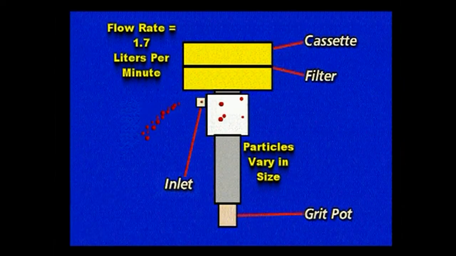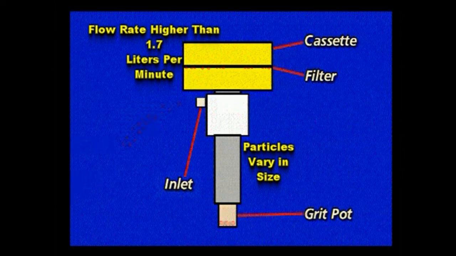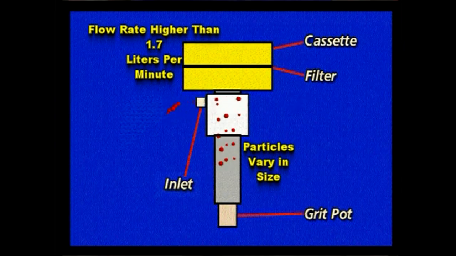Flow rate was mentioned earlier, and this is extremely important. Cyclones perform their size selection at a certain flow rate. For this cyclone, the flow rate must be 1.7 liters per minute. If the flow rate is significantly higher than 1.7 liters per minute, particles actually smaller than 10 microns will be rejected to the grit pot, and you will lose particles of respirable size that should have gone to the filter.